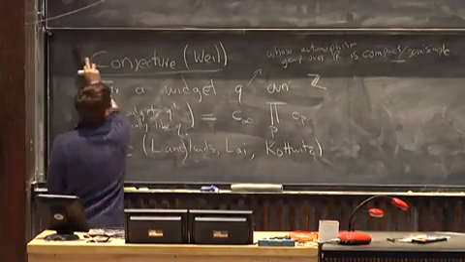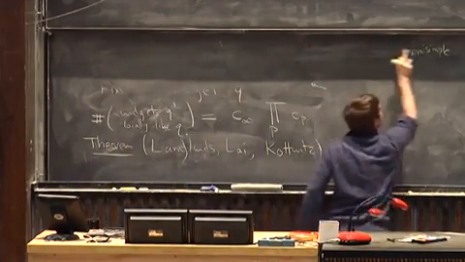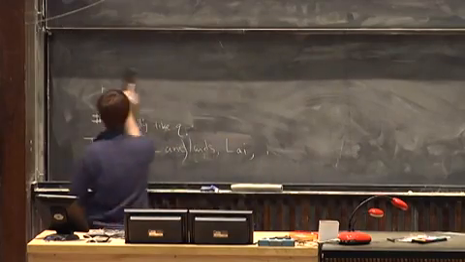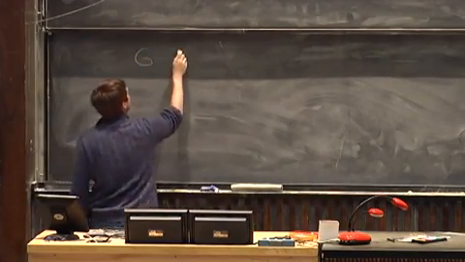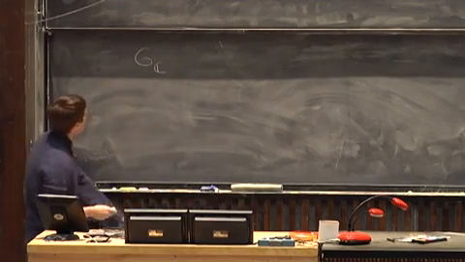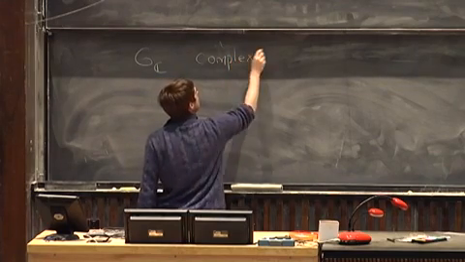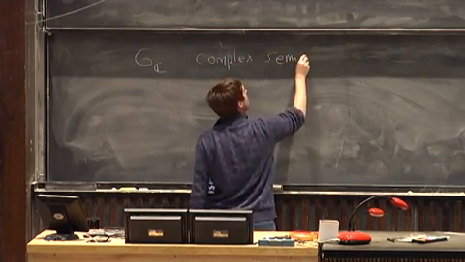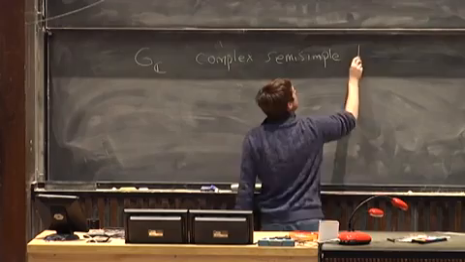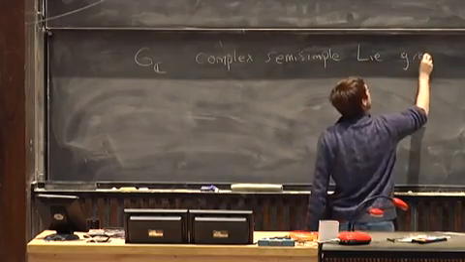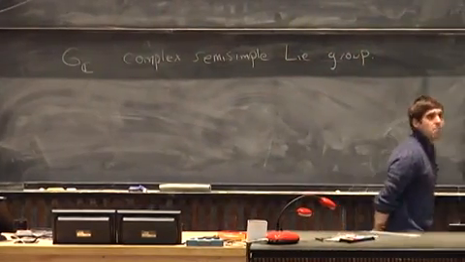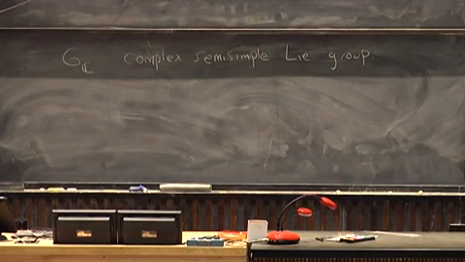So the other data that I want to fix, well, let G_C be a complex semisimple Lie group. Now, a complex semisimple Lie group always admits the structure of an algebraic group in a canonical way.